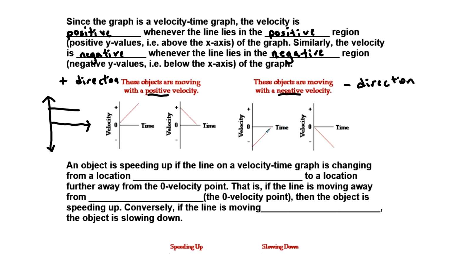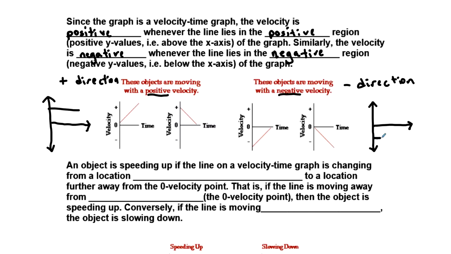So these negative ones, even though this one slopes up and this one slopes down, they're both traveling in the negative direction, but this one is slowing down and this one is speeding up. And we'll dig deeper into that in a moment. So the other scenario would be this type of, so here's our axes.